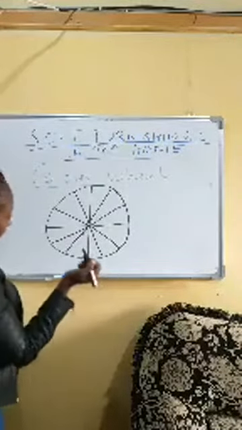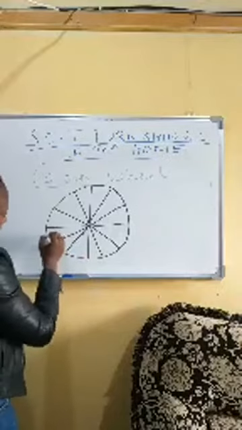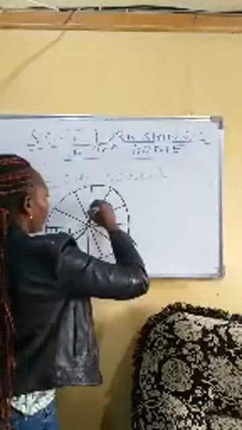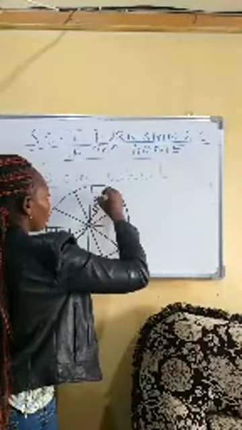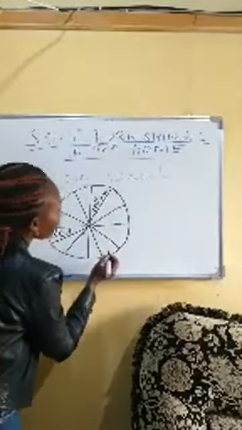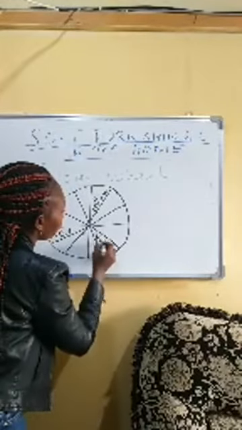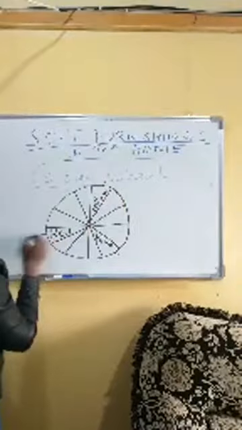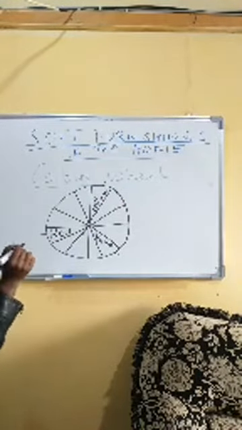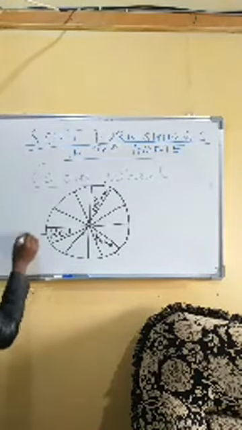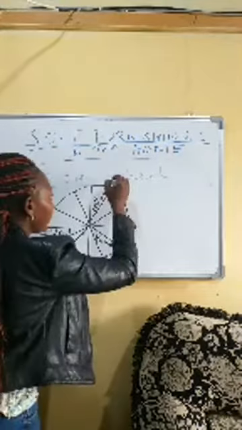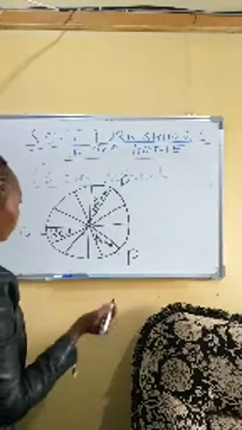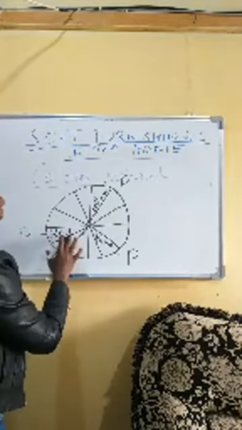So we'll start with the primary colors. We'll have our red over here, our yellow, and then we are going to have the last one, which is blue. I'm going to use symbols: P is going to represent our primary, S, of course, is for secondary, and T, of course, is for tertiary. So we have red, yellow, and blue.